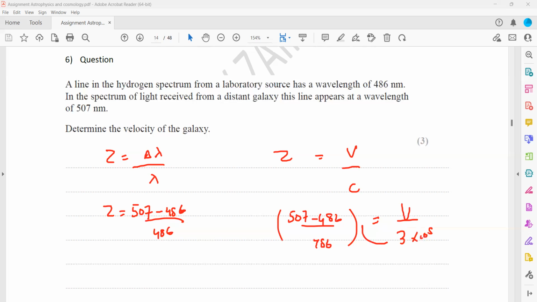We'll get about 1.3 exponent 7 meters per second. So that's the speed at which this galaxy is moving. Is it clear, this one?